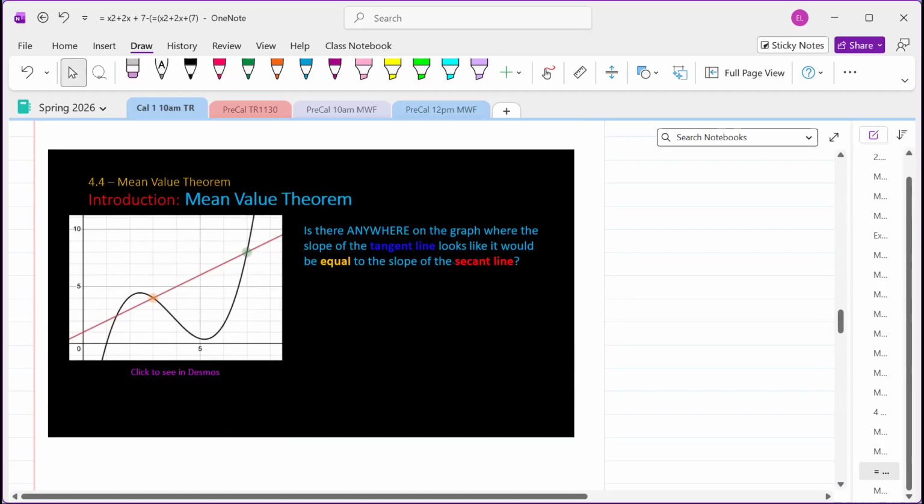So what the mean value theorem is asking is, is there anywhere on the graph where the slope of the tangent line looks like it would be equal to the slope of the secant line?